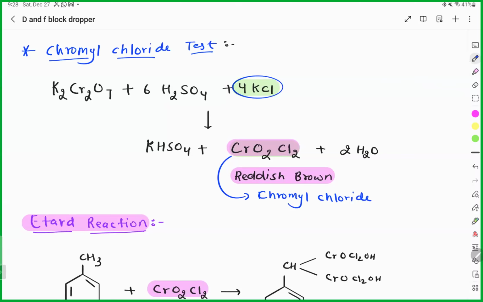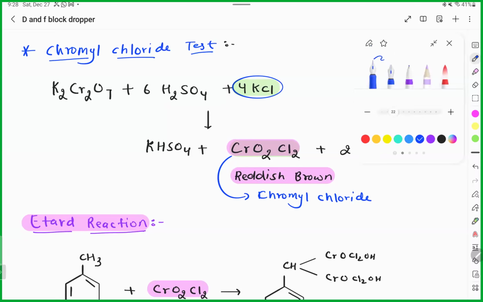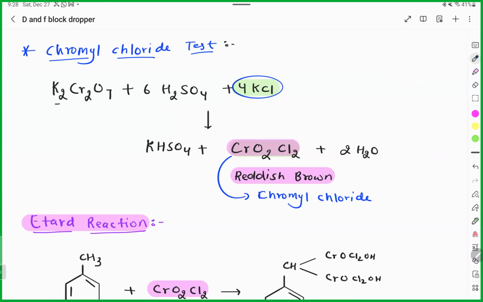Any doubt, guys? No, sir. You can balance the molecule also. Here you have 2K, 4K, 6. So this is 6. Correct. Here you had 2Cr, 2Cr balanced.